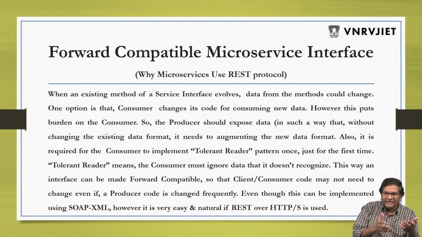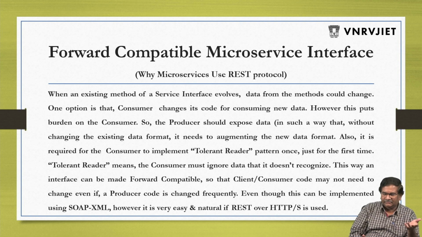Now, if you use SOAP XML, it would be difficult to do that. If you use HTTP, it is easy because it gives JSON or text, and that's the reason microservices go for the REST protocol most of the time.